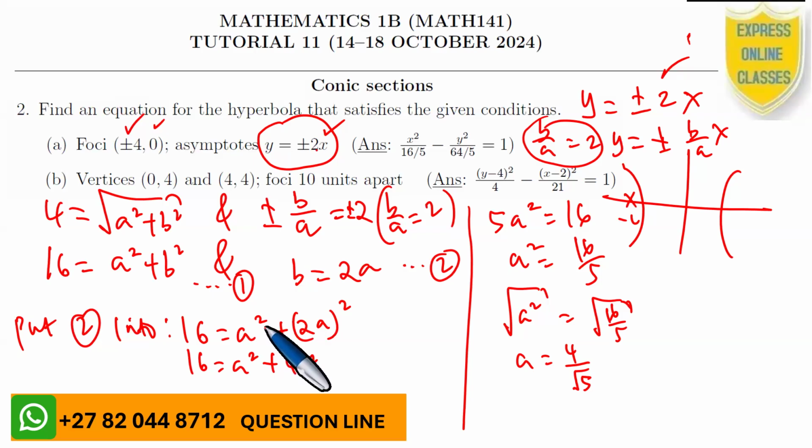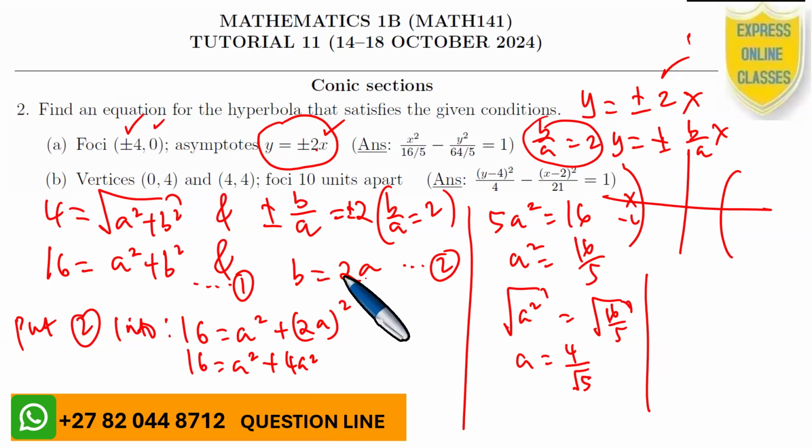So we continue. a is therefore 4 over the square root of 5. Yeah, we take positive a.